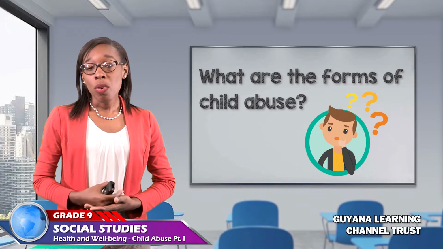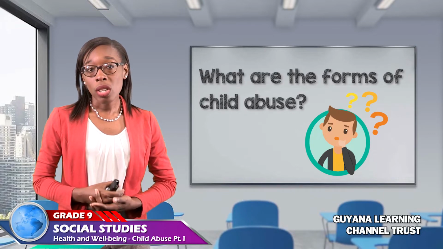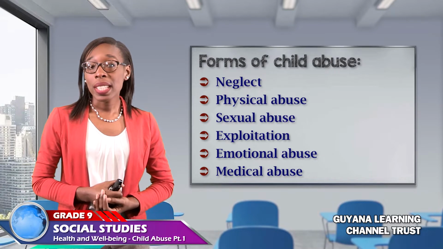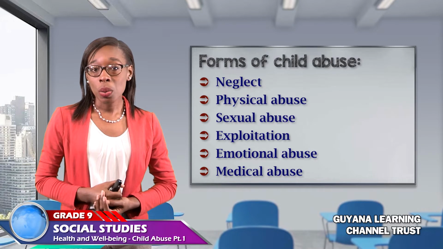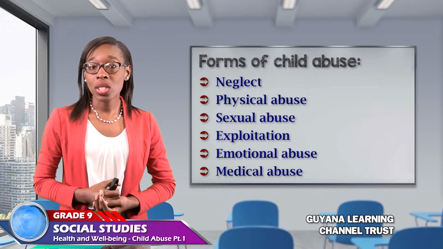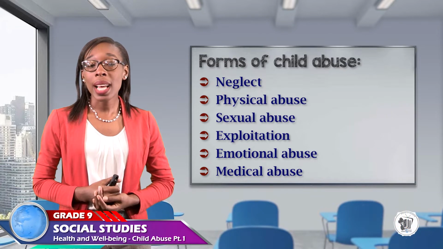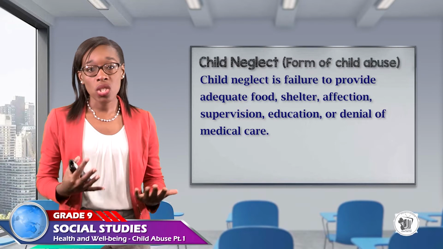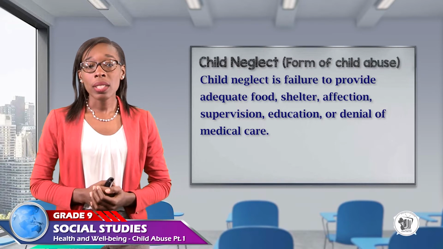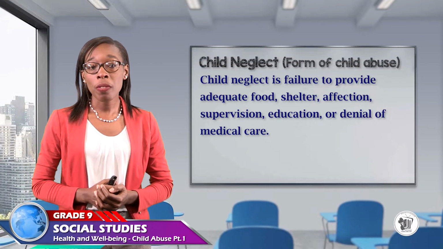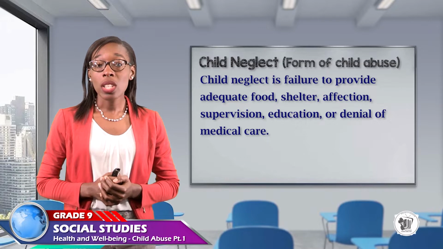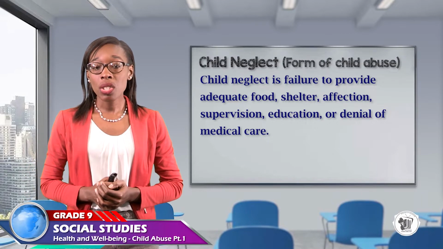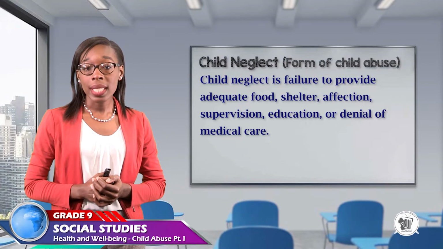There are many forms of child maltreatment or child abuse, including neglect, physical abuse, sexual abuse, exploitation, emotional abuse, and medical abuse. So let's look at child neglect.